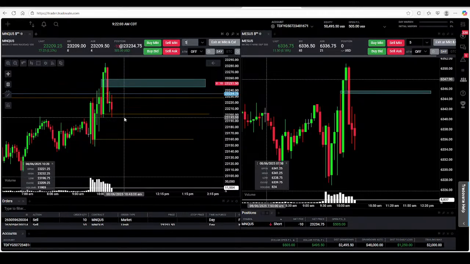Would really like to see us get below that low. And then we take five micros off. That would be half our position.